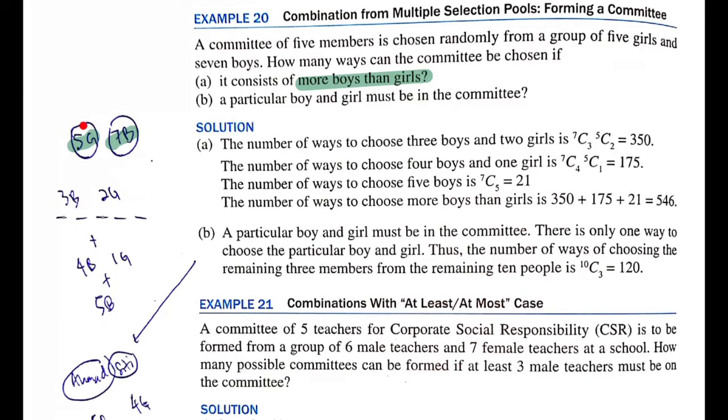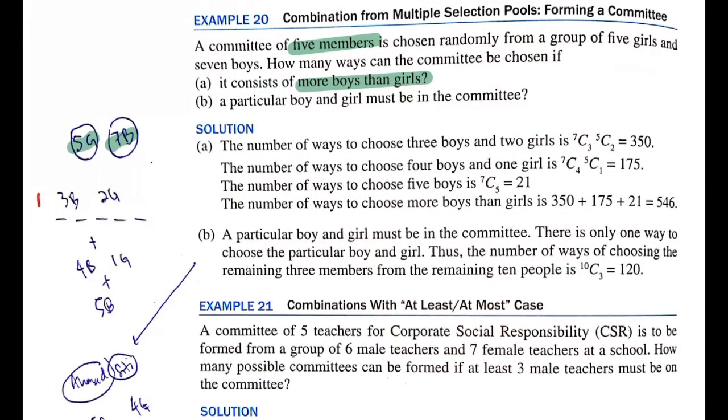From 5 girls and 7 boys, we want to find how many ways the committee can be chosen if we have more boys than girls. Since we want to choose 5 committee members, the first case is 3 boys and 2 girls. But in this case, girls are more than boys.